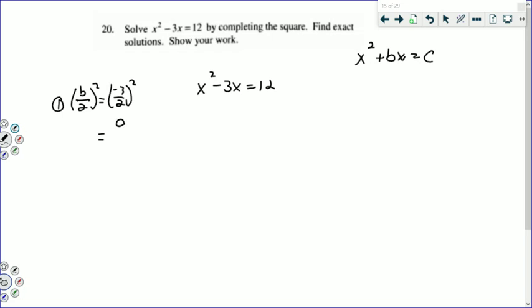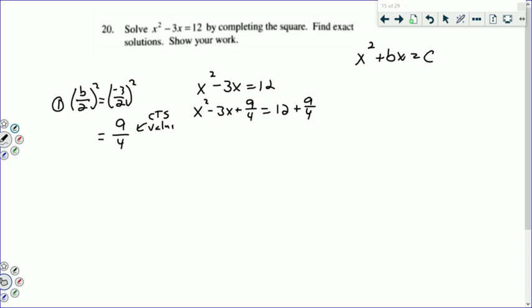So we get 9 over 4 in this case. This is the completing the square value. So if we add this value to both sides, x squared minus 3x plus 9 over 4 equals 12 plus 9 over 4. We get our completing the square.